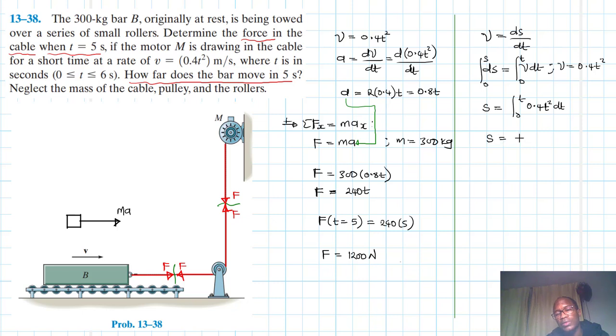Then s is just going to be equal to 0.4 t cubed divided by 3, evaluated from 0 to 5.